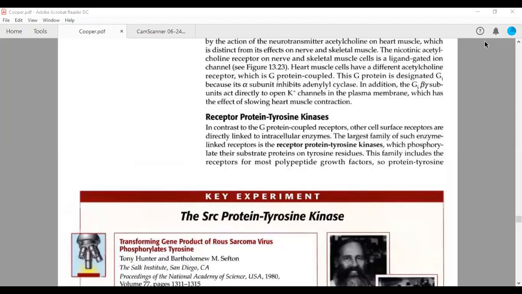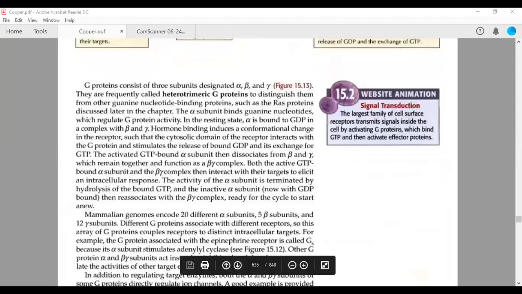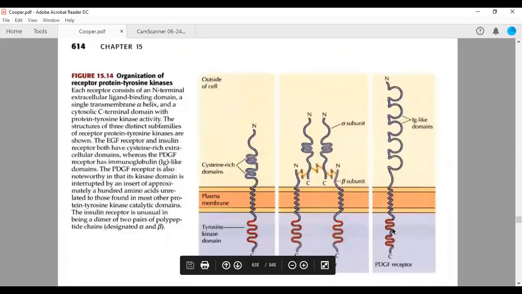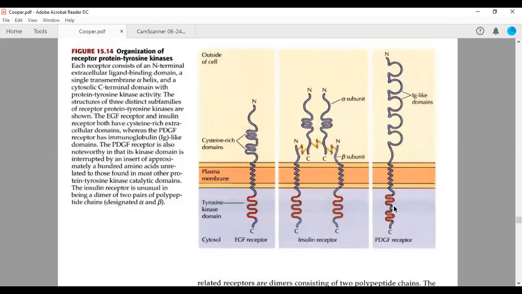Okay, Shreya is asking what the function of this stretch is. Then there is no function, no non-function. Actually, this kind of stretch which is present between these catalytic domains is not having any catalytic function.